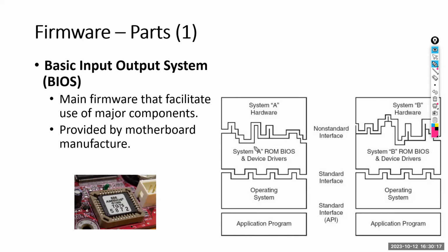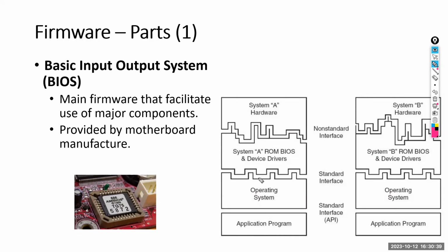That way you get more compatibility. Maybe the operating system can do it, but it may do it better if you have the better driver. So that is one use of firmware: present the hardware the way the operating system expects.